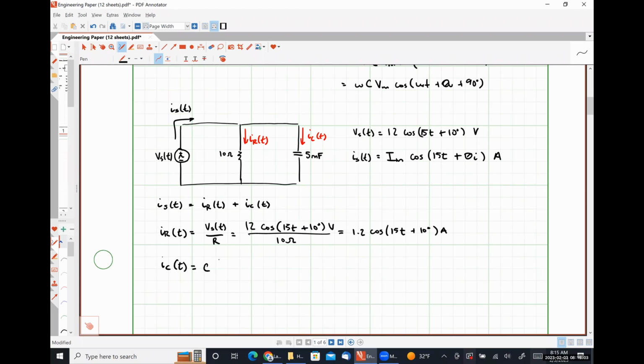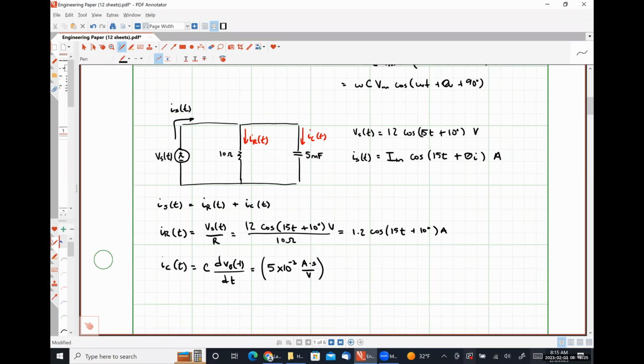IC of t is C times the derivative of Vs of t with respect to time. So C is 5 millifarads, so I'm going to write that as 5 times 10 to the minus 3 amp seconds per volt.